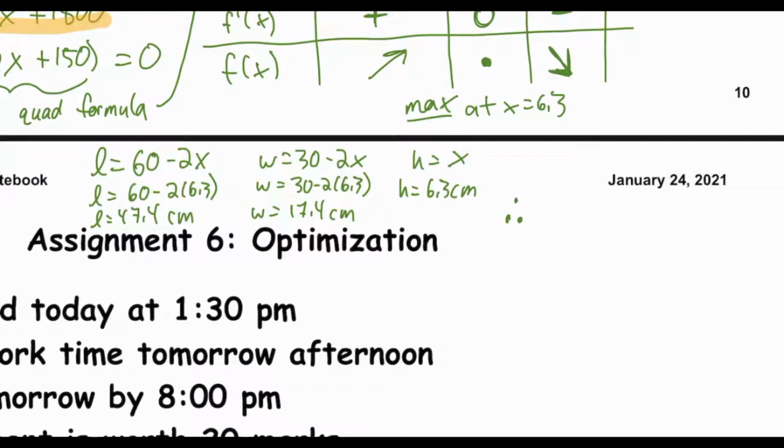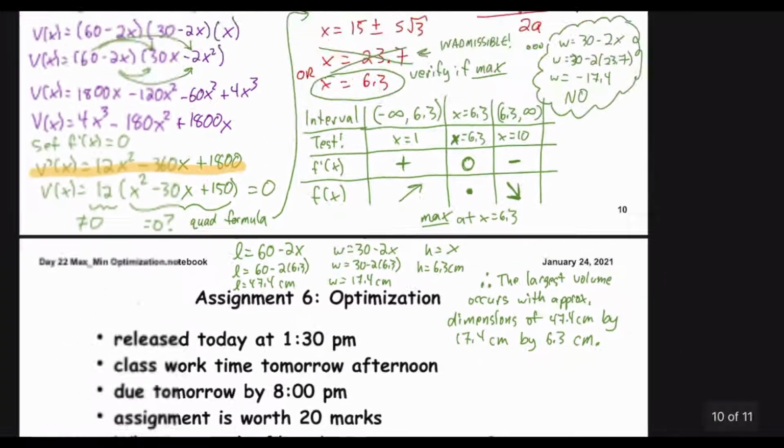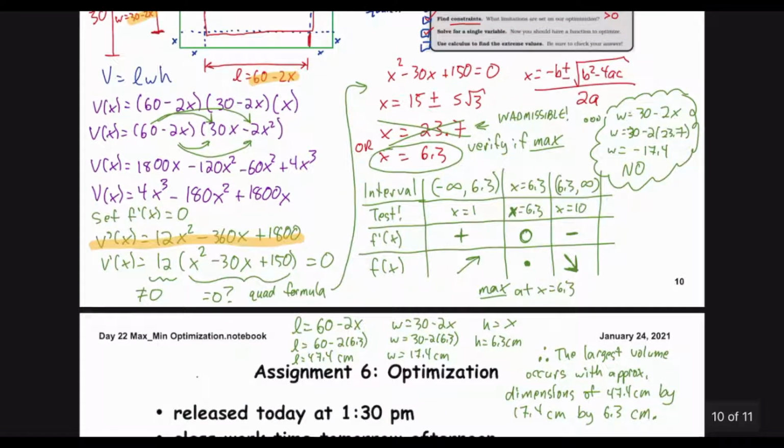Therefore, the largest volume occurs with approximate dimensions of 47.4 centimeters by 17.4 centimeters by 6.3 centimeters. So we've successfully interpreted our result and stated our final answer.